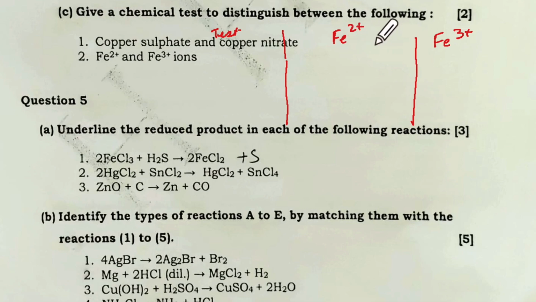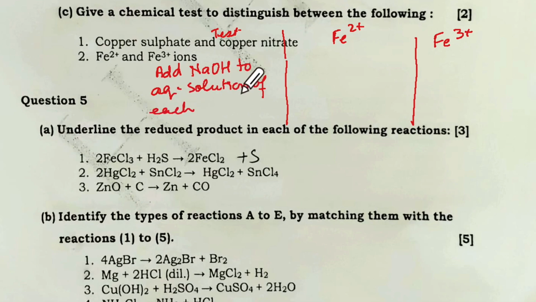So what is it on page 27? What you will add? Add NaOH to the aqueous solution of each. In 10 standard you have to say add dropwise, then in excess. Here remember Fe2+ will give you Fe(OH)2. What is the color?